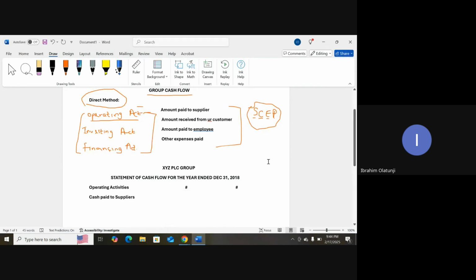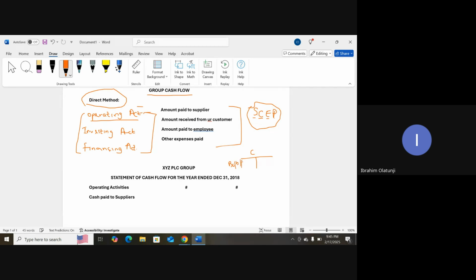And if you want to use a control account, let's assume I did not give cash paid to supplier, and the examiner wants me to calculate it. I will use a control account like this. I'll put the heading as cash paid to supplier. Then I'll come here and say balance brought forward.